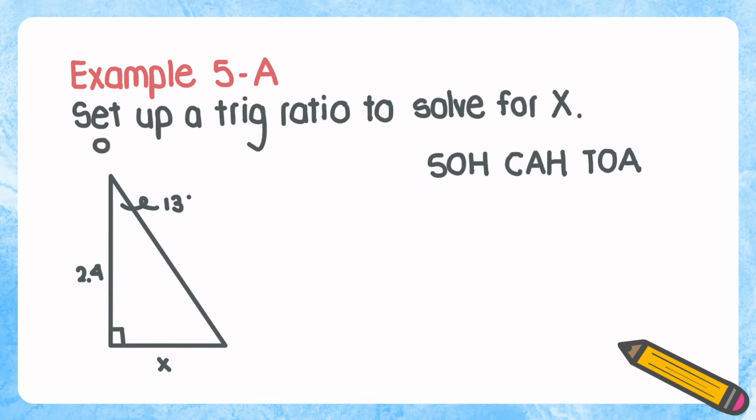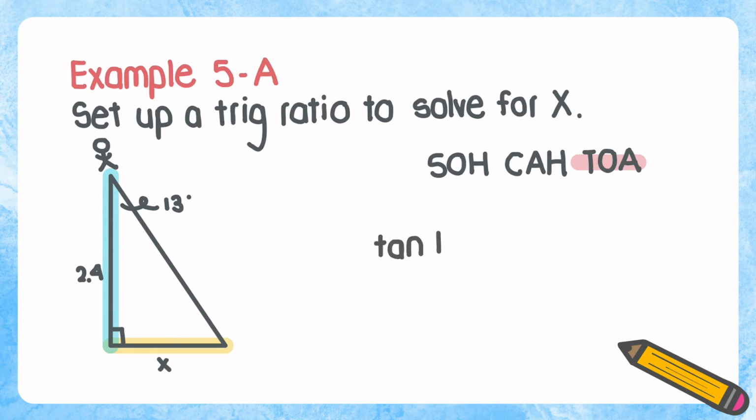We're given this angle right here, so let's draw a person here. Based on this person, we're working with the opposite side and the adjacent side. So we're going to be working with the tangent function. So let's set up our trig ratio.